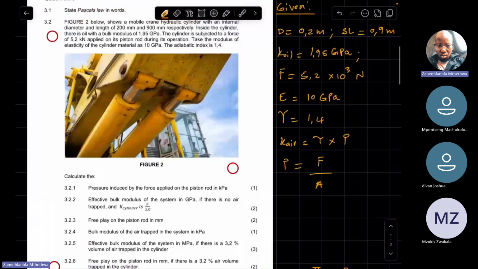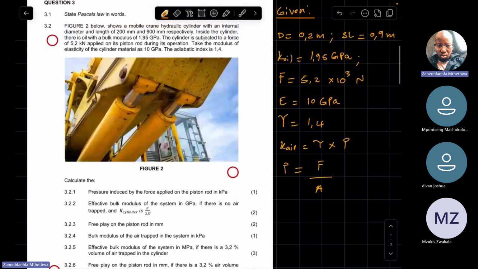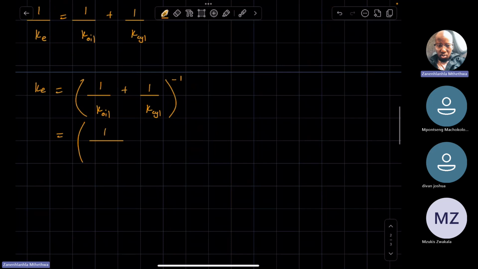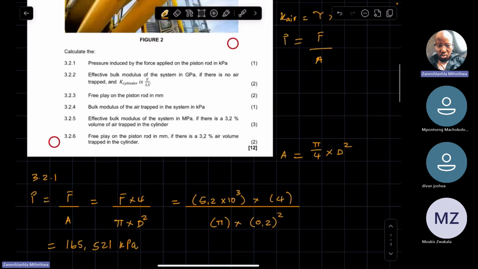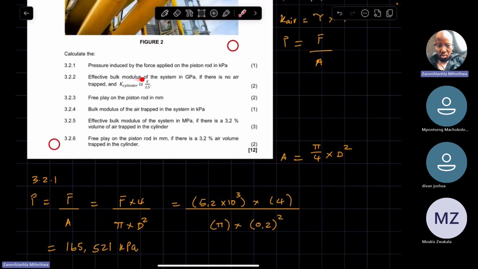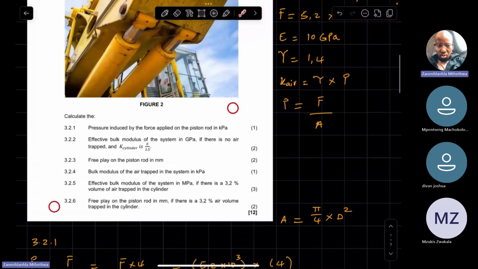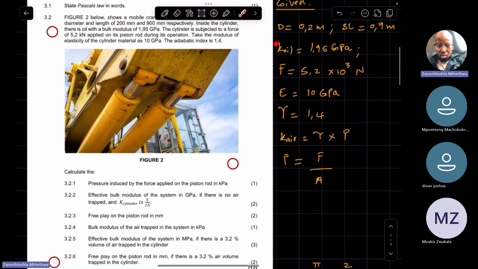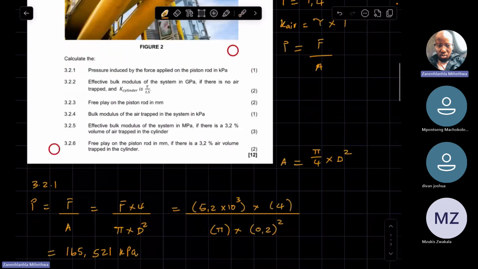The K of oil is 1,95 gigapascals. Remember that the effective modulus must be in gigapascals. So we can substitute the values of our bulk modulus in gigapascals, no need to convert to pascals. So K of oil is 1,95.